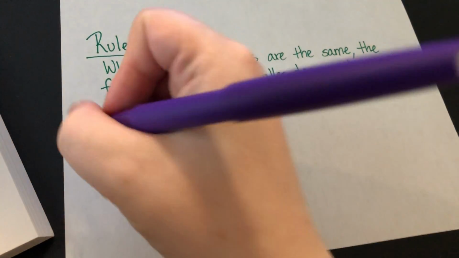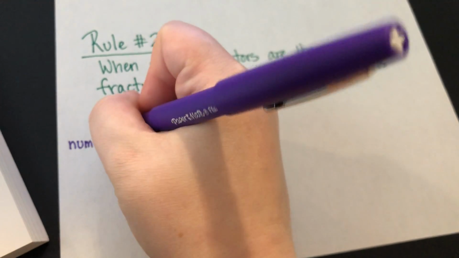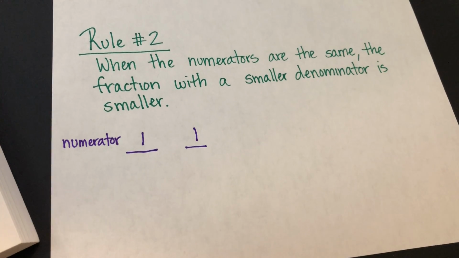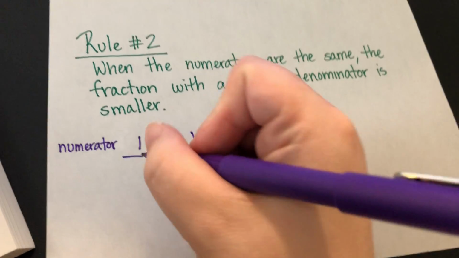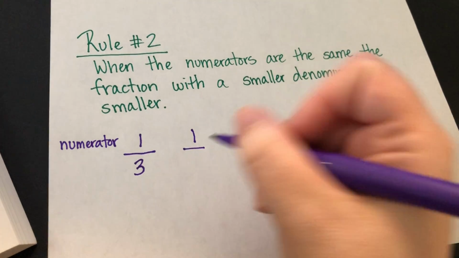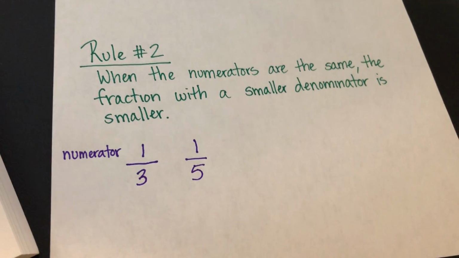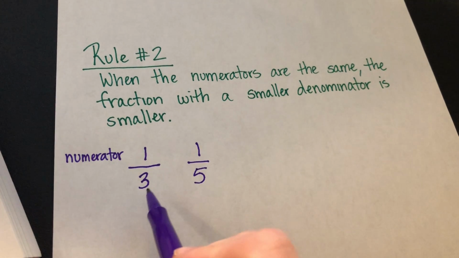Remember, the numerator is the top number. And it says that the denominators are going to have different numbers. So let's say that this is a 3rd and this is a 5th.